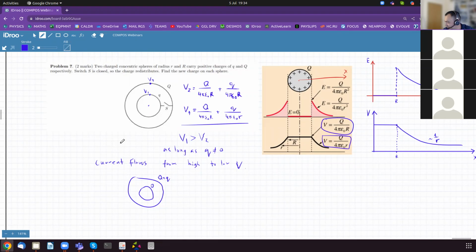I think it's rather philosophical, like realizing that things always go from high to low. Heat flows from higher temperature to lower temperature, and current flows from high potential to low potential. And until there is charge on the inside sphere, there will be higher potential on the inside sphere than on the outside.